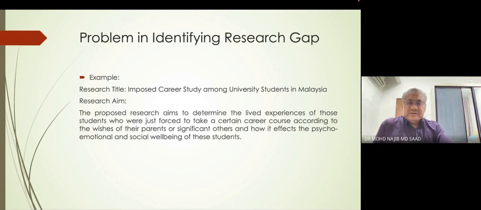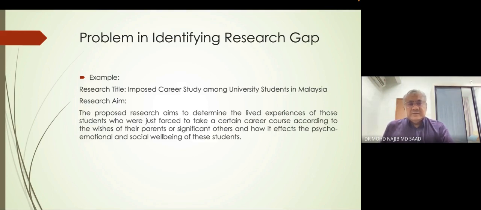So this is the research aim, whereby we determine their life experience and find out how it affects their psycho-emotional and social well-being.